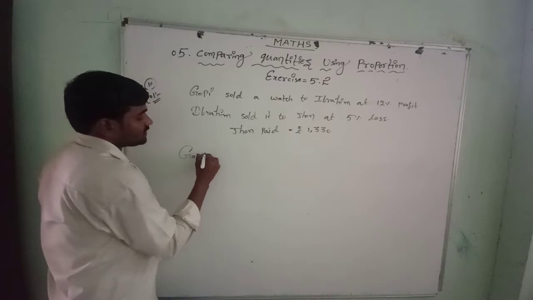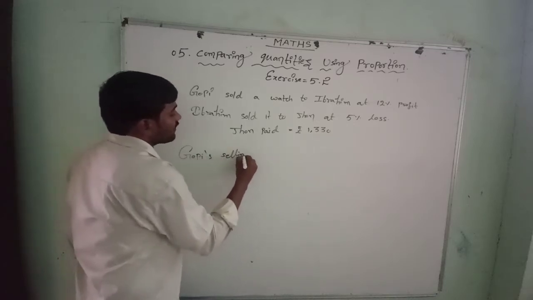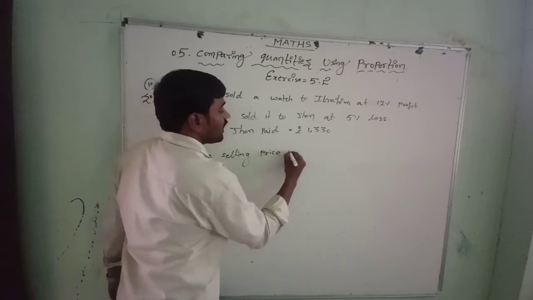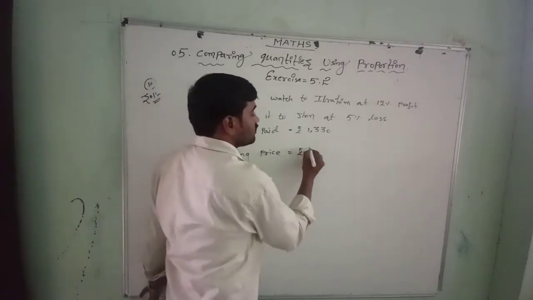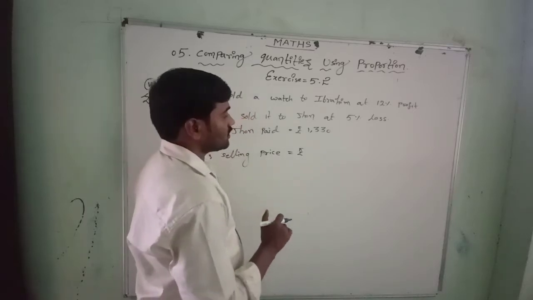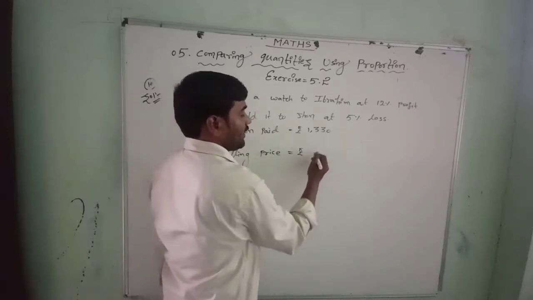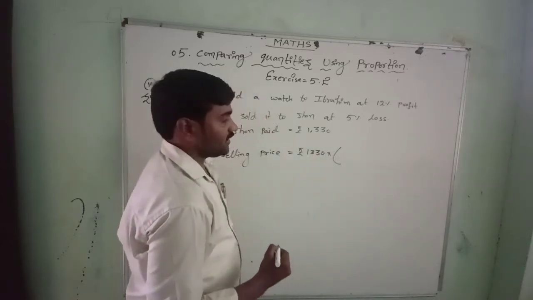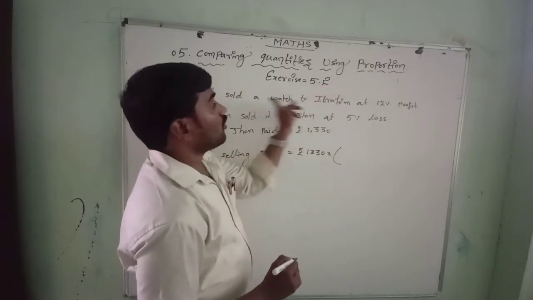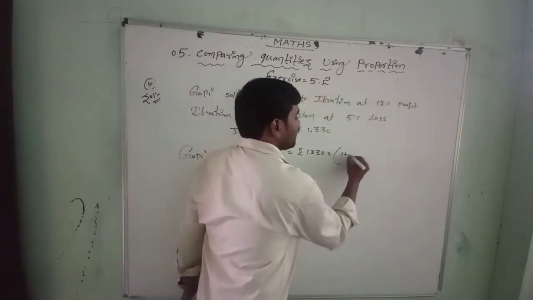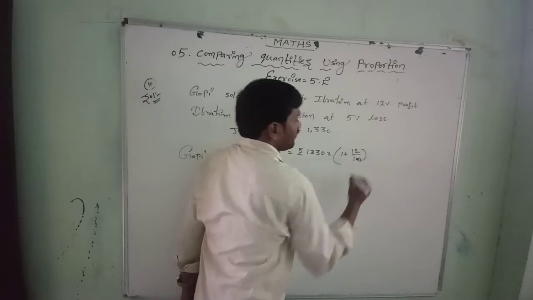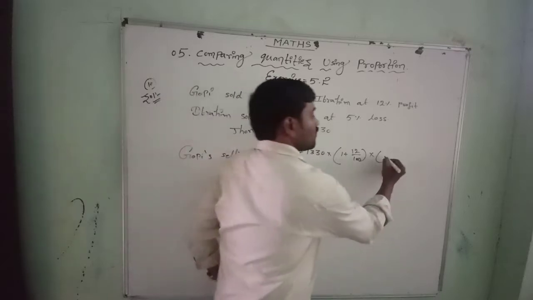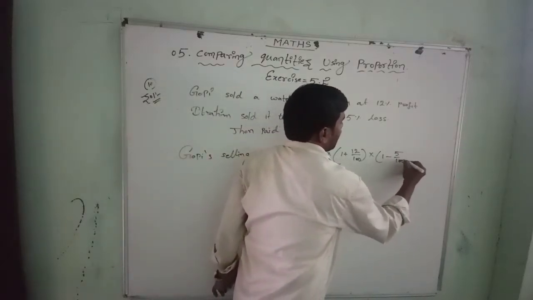Now Gopi's selling price is equal to, simple children, here I use a formula. The amount John paid, 1330 rupees, into, when Gopi got a profit, 1 plus 12 by 100, into, here Ibrahim got a loss, so 1 minus 5 by 100.